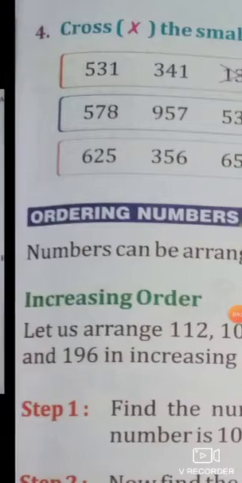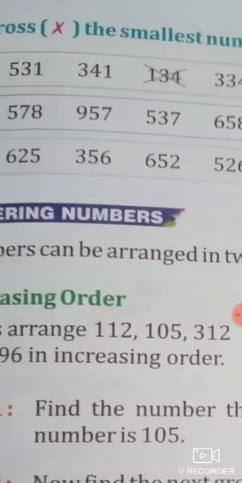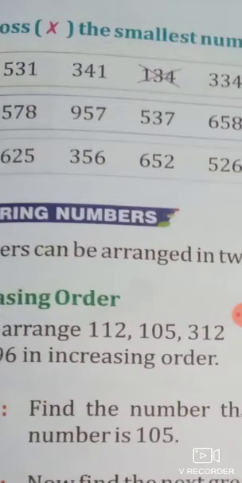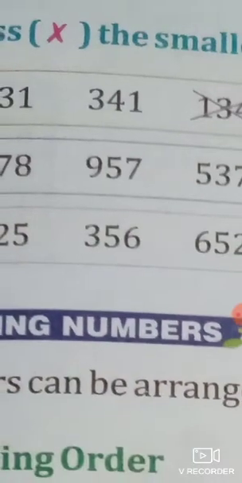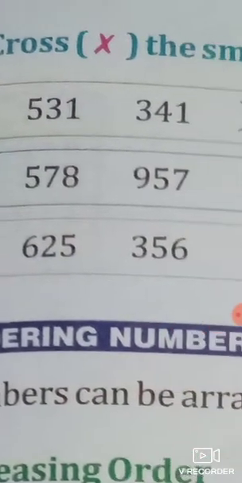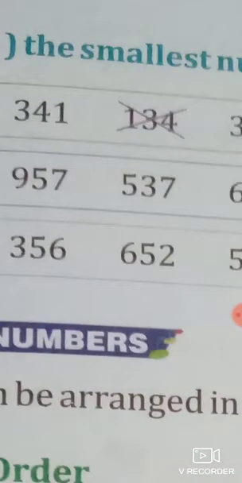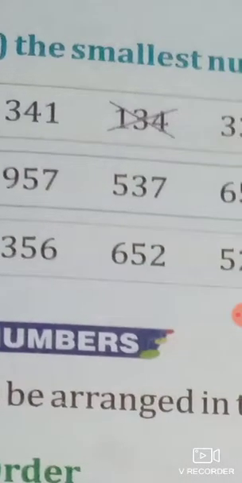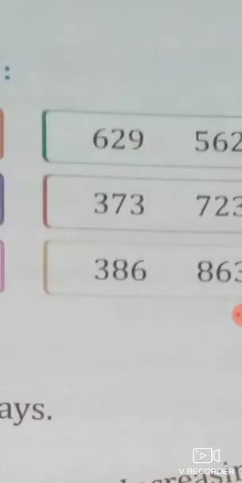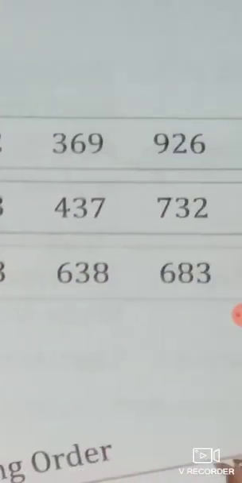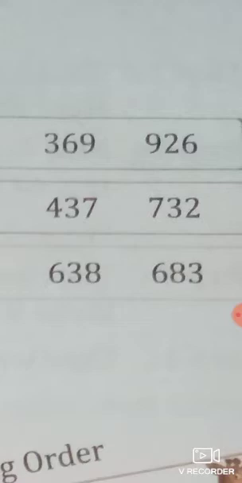Question number 4, cross the smallest number. In the first question, 134 is the smallest number compared to the other numbers, so we will cross 134. In the second question, 629, 562, 369 and 926.